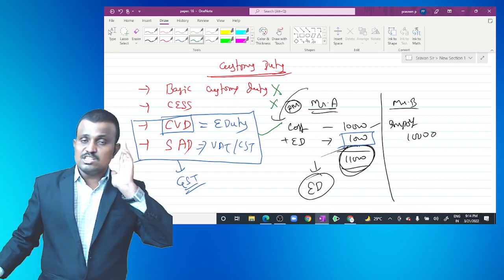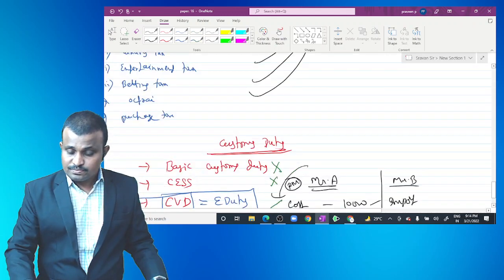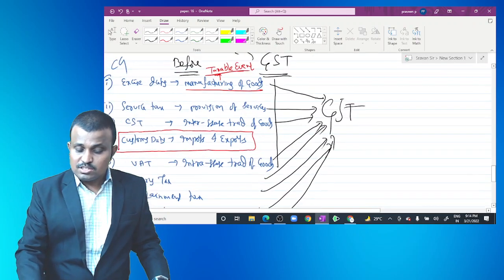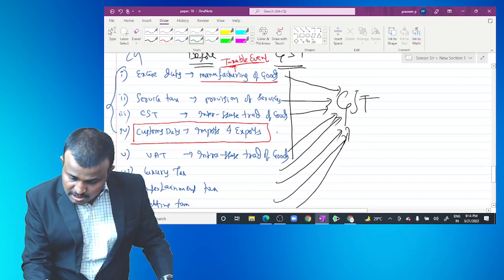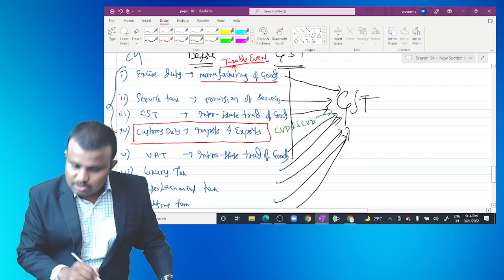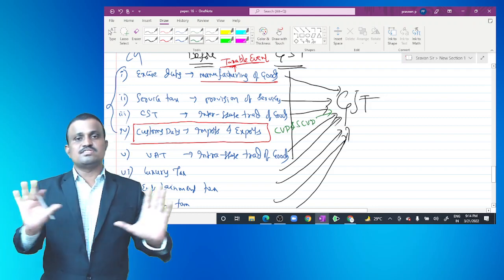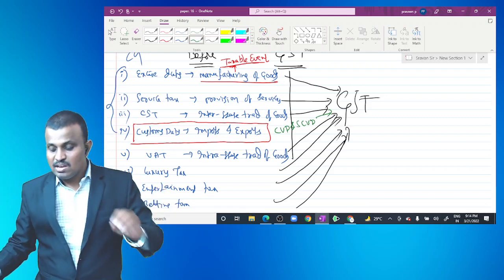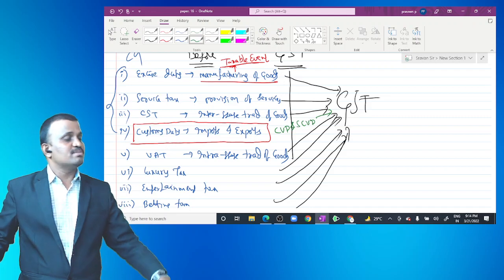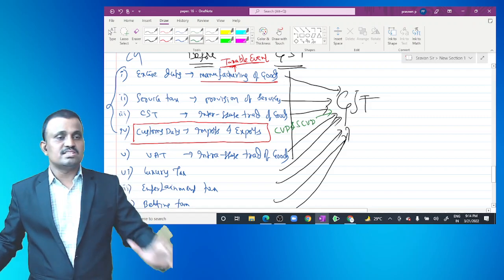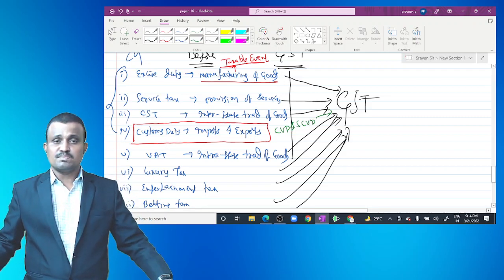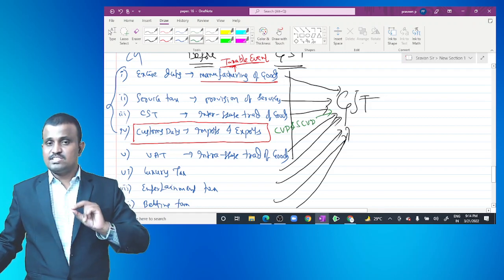These are subsumed under the purview of GST. So in case of imports and exports, countervailing duty and special countervailing duty are subsumed. But coming to the basic customs duty, it is not subsumed under the purview of GST.